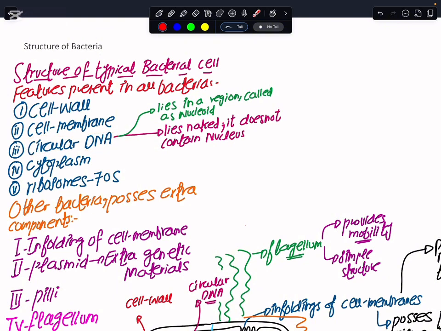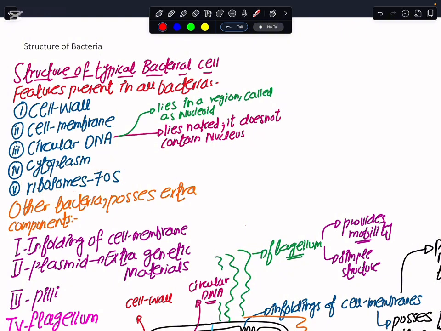The region where this circular DNA lies, we refer to as the nucleoid region, and this is again not enclosed by a nucleus, but rather lies naked within the cytoplasm of the bacteria. So we have the cytoplasm as well, and for the bacteria strictly, their ribosomes would be 70S ribosomes.